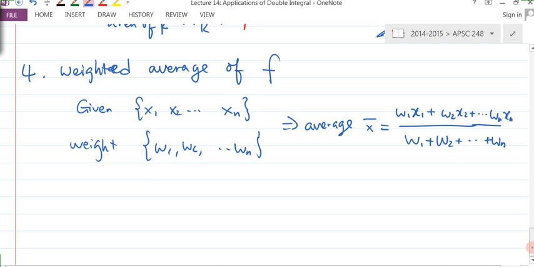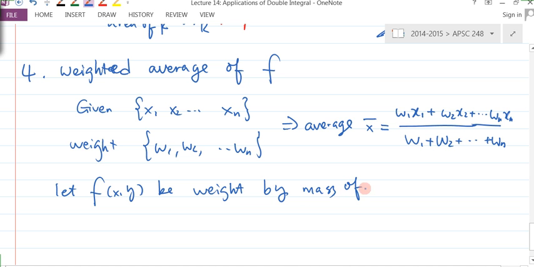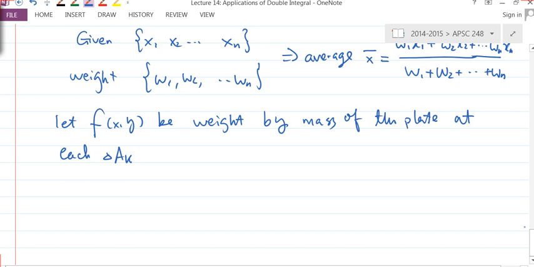So let's use a generic function here to talk about this. Let's say I'm going to let f of x,y be weighted by the mass of the plate at each small area delta A. So basically it's like this: you have a region R here, and we pick a small patch.